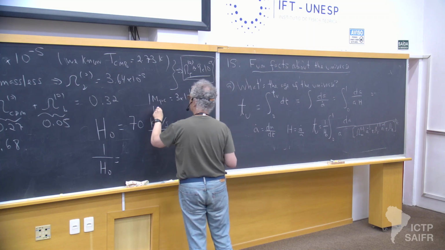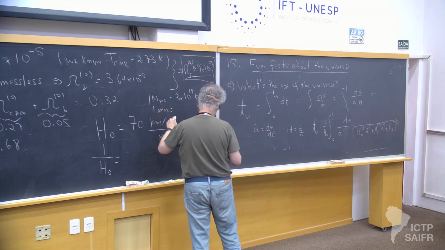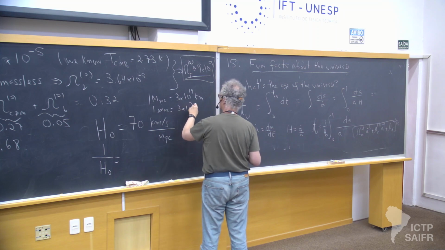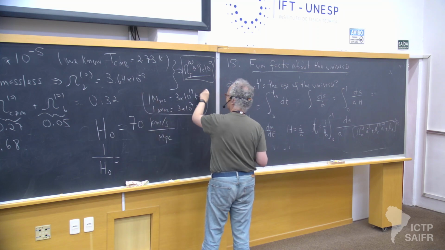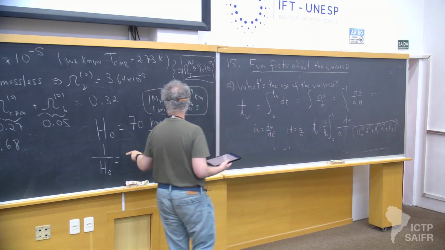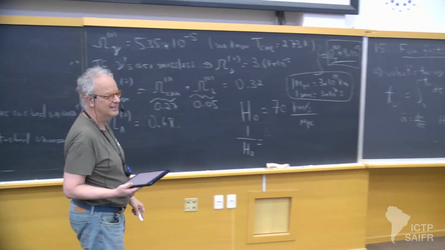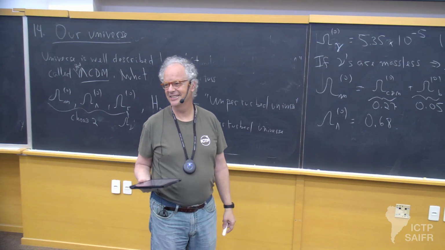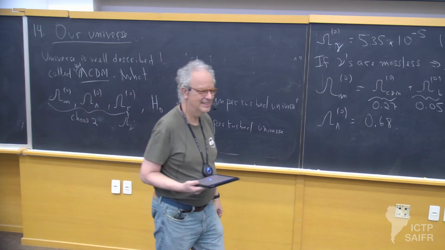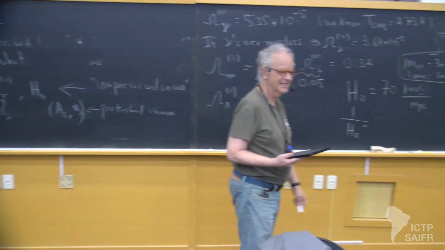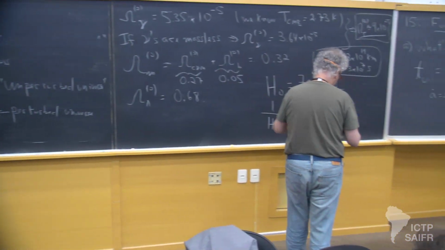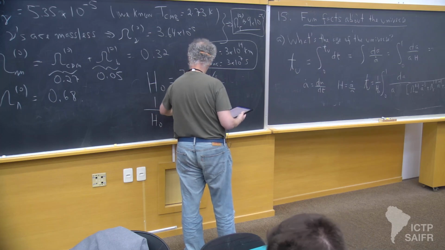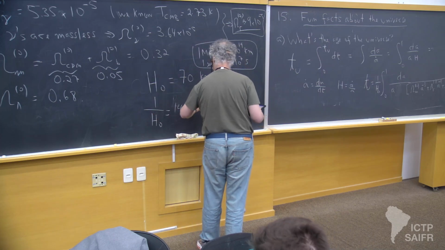And 1 year is roughly 3 times 10 to the 7 seconds. If you put this here, guess what 1 over H0 is? It's 14 billion years. You can do it, just do it. I can do it, but you can do it as well. This is actually 14.3 billion years.